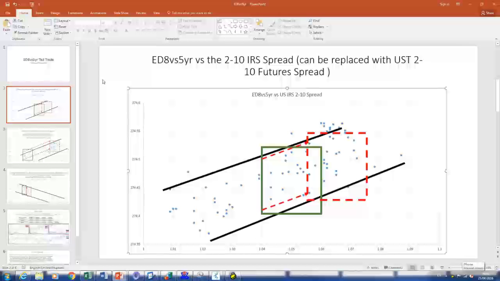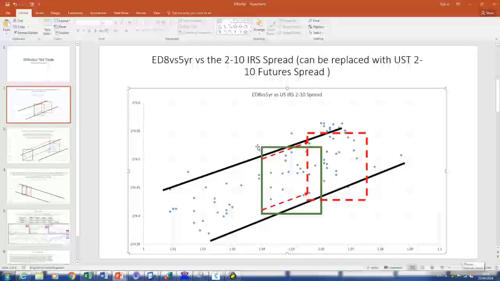They're not quite perfectly parallel, but with the two black lines you can see going up there, there's a clear correlation between the two products, right? So when this 2s, 10s treasury spread, which is along the horizontal, starts to go higher, what you see is a higher trajectory of the Eurodollar 8 versus the 5 year, i.e. the 5 year TED, right?